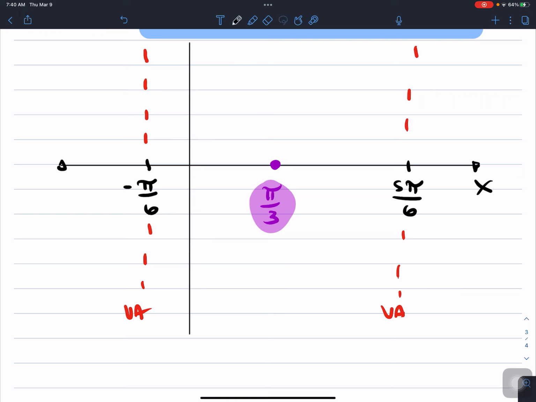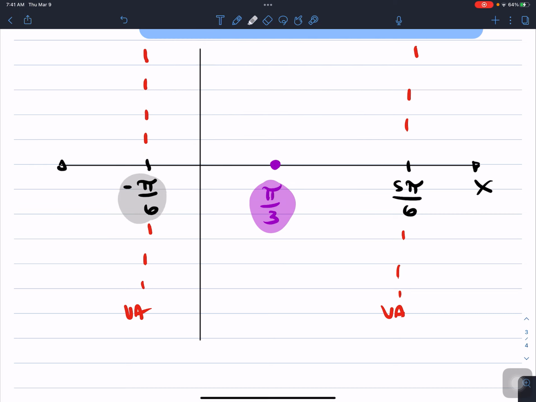Do you guys know? And in fact, I know it's midway, but how do I know it's to the left? Well, because this is negative pi over 6, and this is positive pi over 3. Is that right? So isn't it in between? I think so. So, okay, now I could label my y-axis.